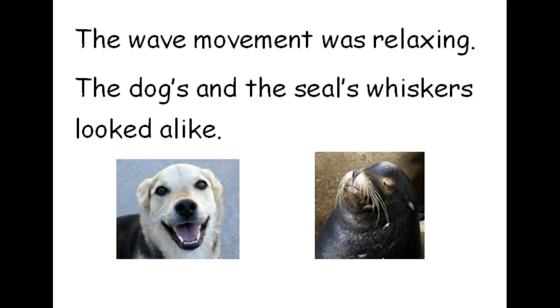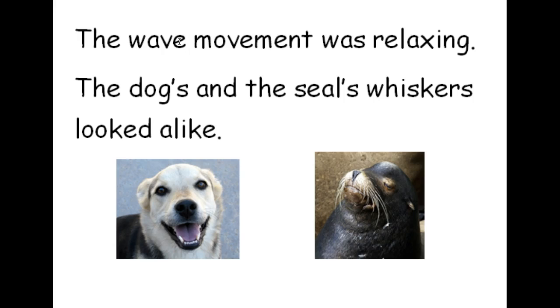So look at the first sentence that I've written on your screen. Let's read it. The wave movement was relaxing. Which noun should be possessive? Right, the word wave. We're describing the word wave. And how would you write it?